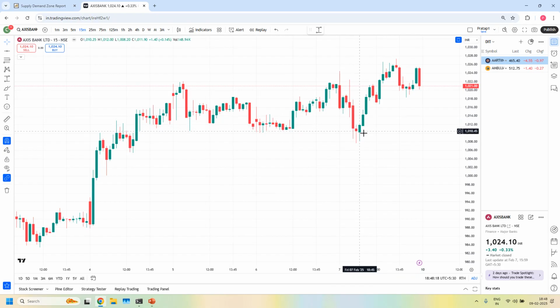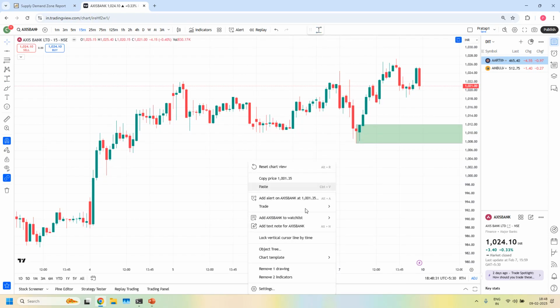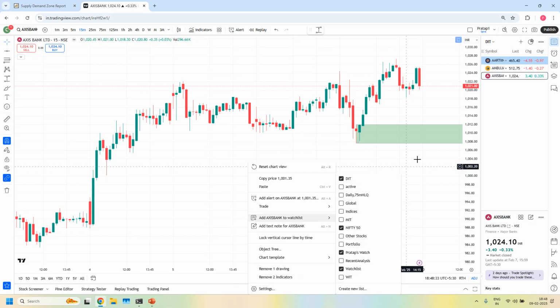Yeah, 7th February 10:15, 2 base candles and a rally candle. Let's add this into our watch list.